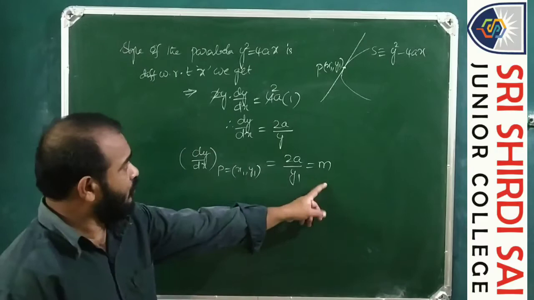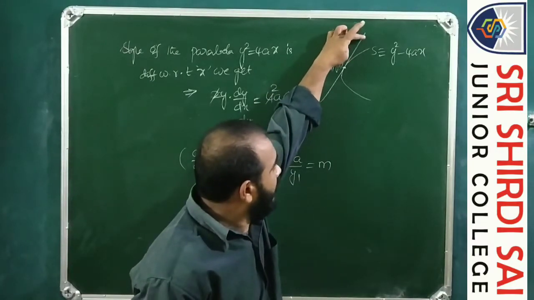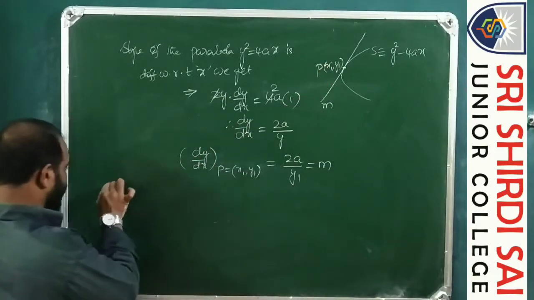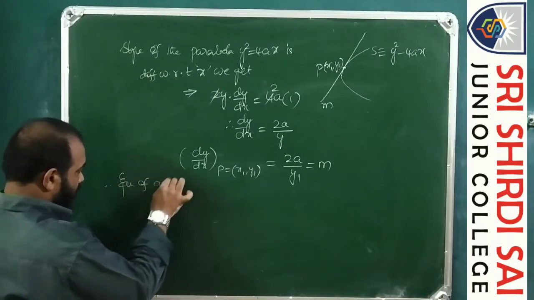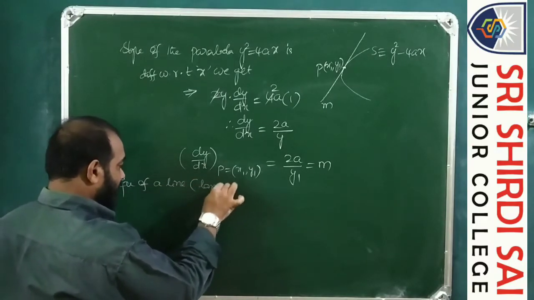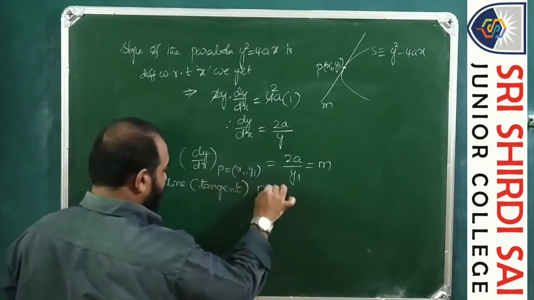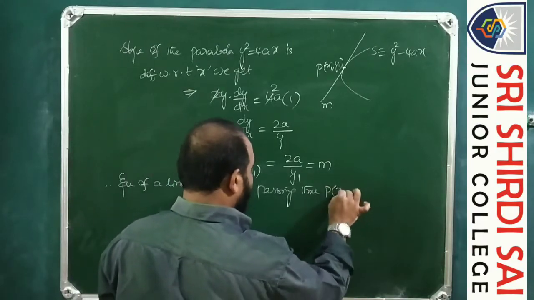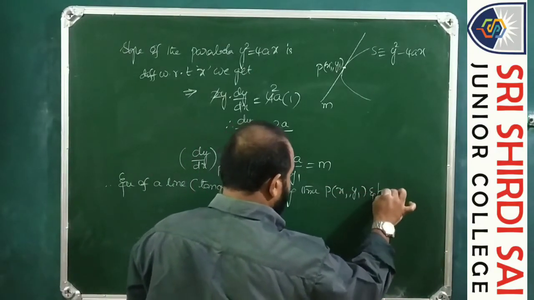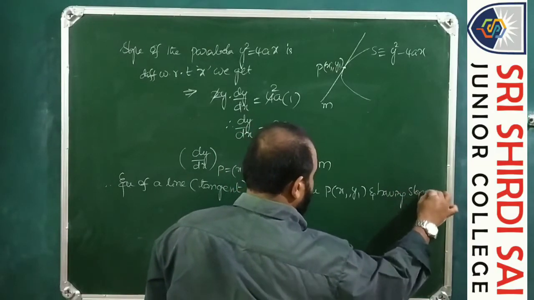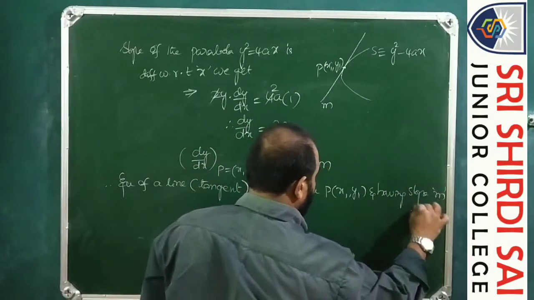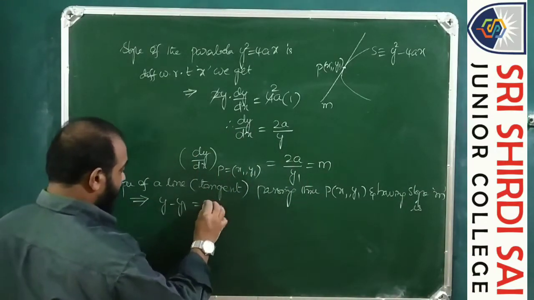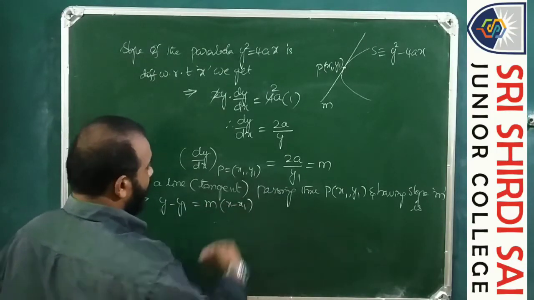So we have a slope m and the point is also there. Therefore, the equation of a line, that is the tangent here, passing through P(x1, y1) and having slope m, is y minus y1 equals m into x minus x1, the slope-point form.